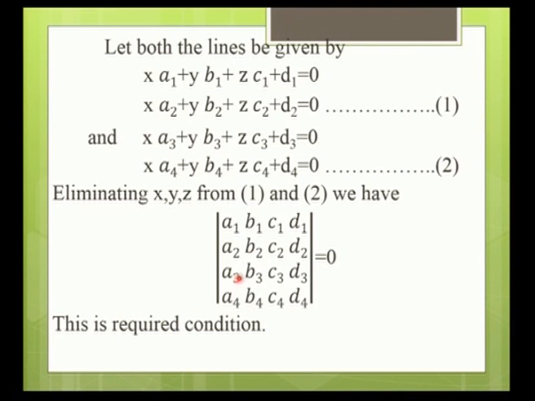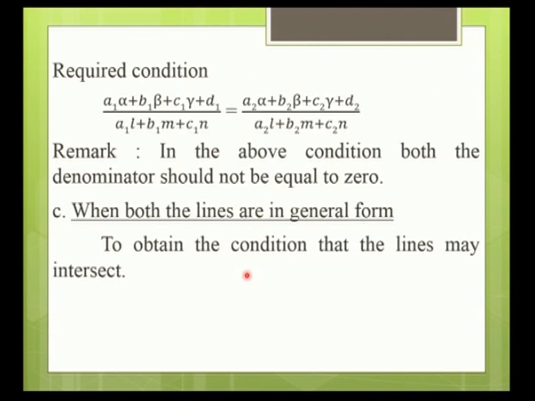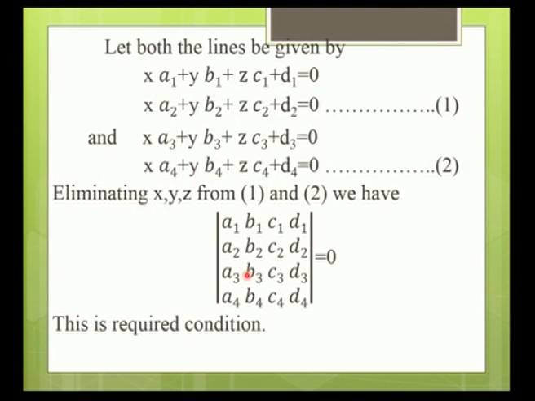This determinant value is the required condition for two lines to be coplanar when both the lines are in general form. The condition is the determinant of a1, b1, c1, d1; a2, b2, c2, d2; a3, b3, c3, d3; a4, b4, c4, d4 equal to 0.